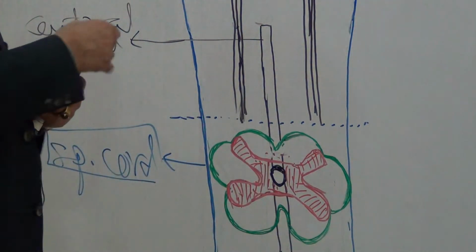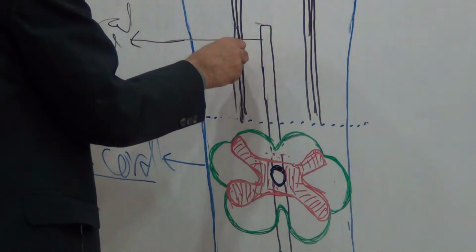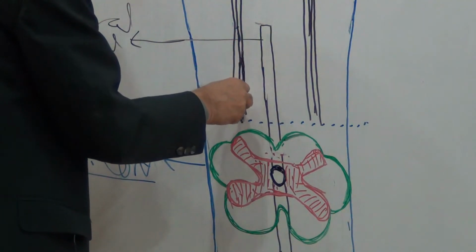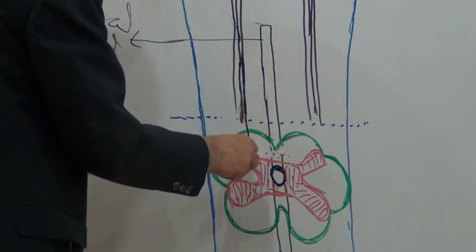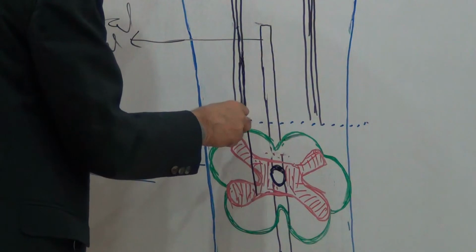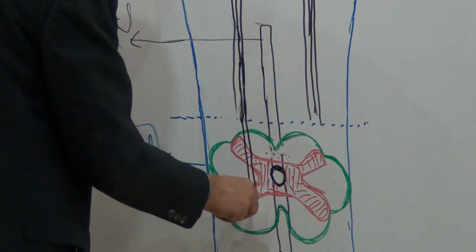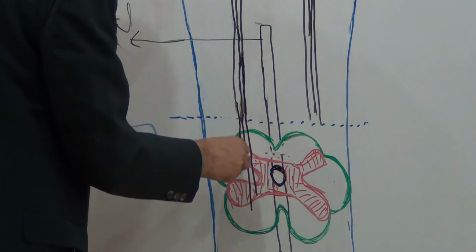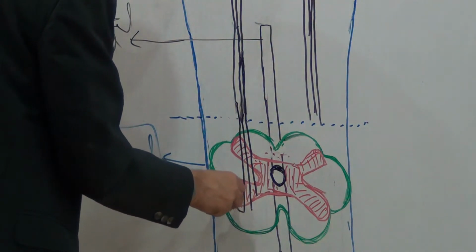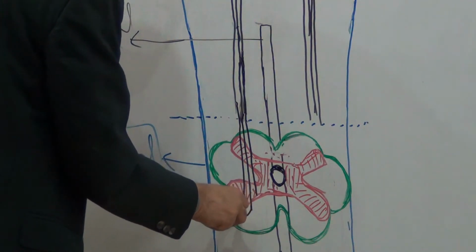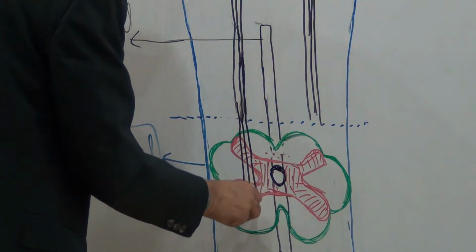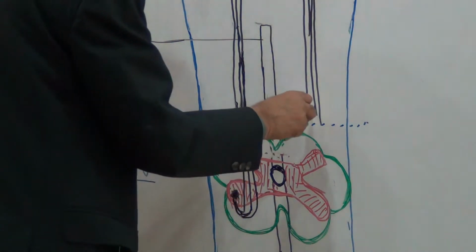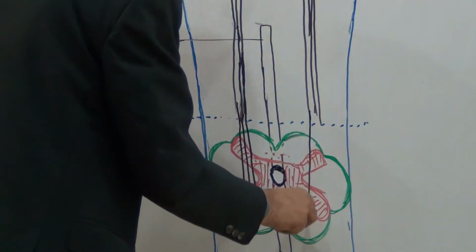Now, the medial longitudinal fasciculus continues downward through the cervical part of the spinal cord, and its fibers terminate in the neurons of the anterior horn of the spinal cord on each side.